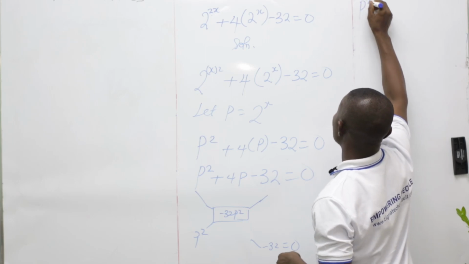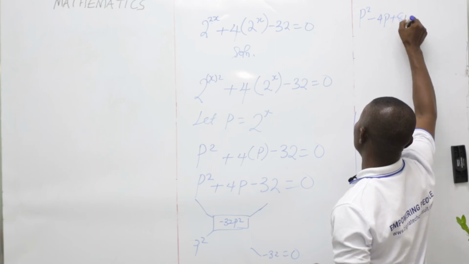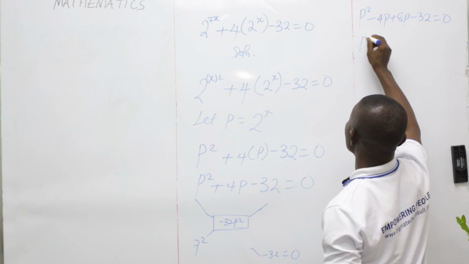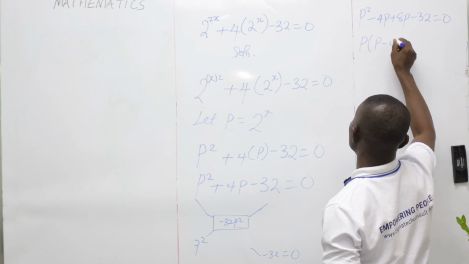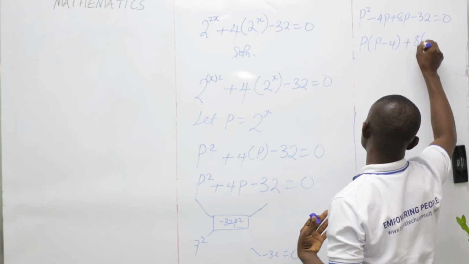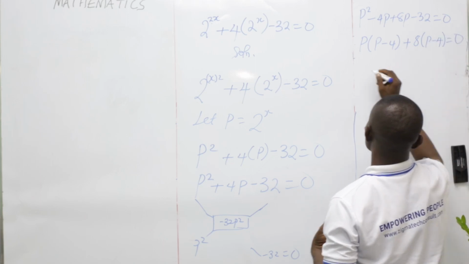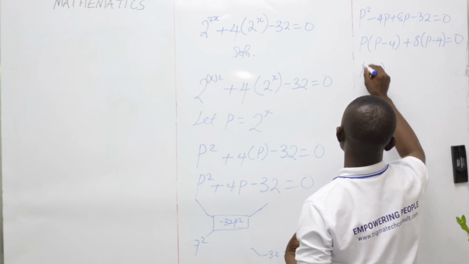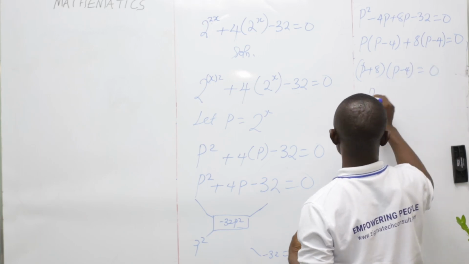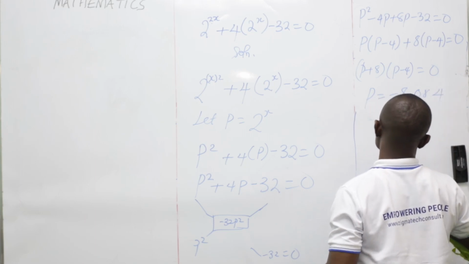So you have P squared minus 4P plus 8P minus 32 equals 0. Common is P into P minus 4 plus 8 into P minus 4, all equals 0. So that P plus 8 and P minus 4 will be equal to 0. Hence, P equals minus 8 or 4.